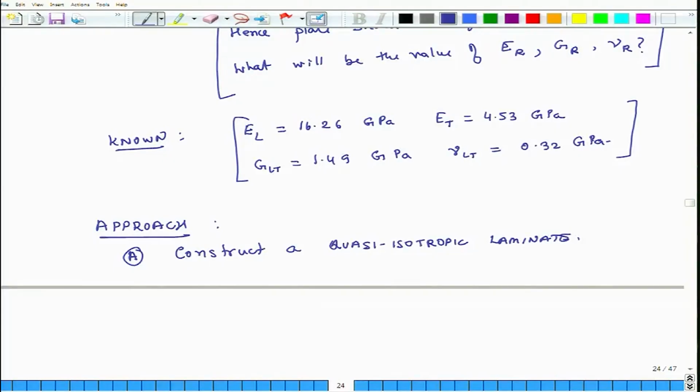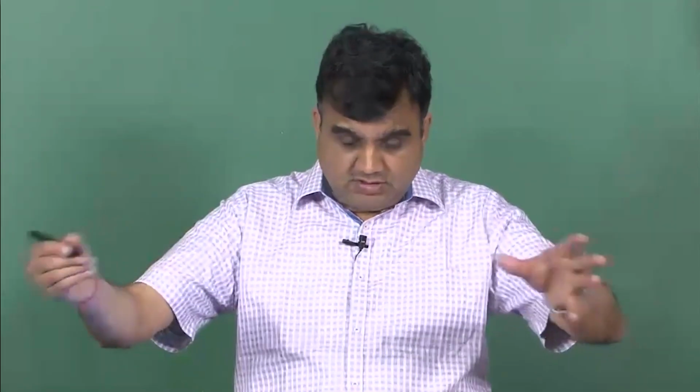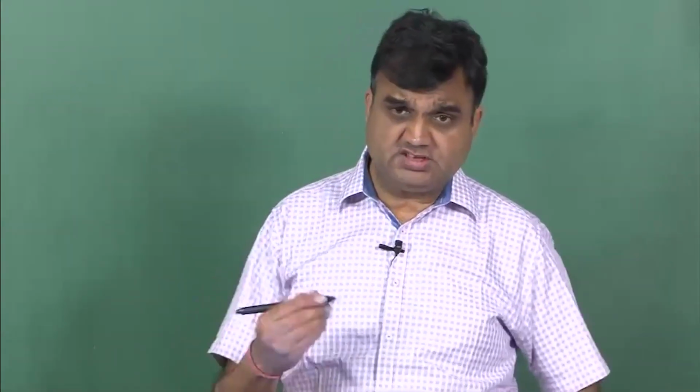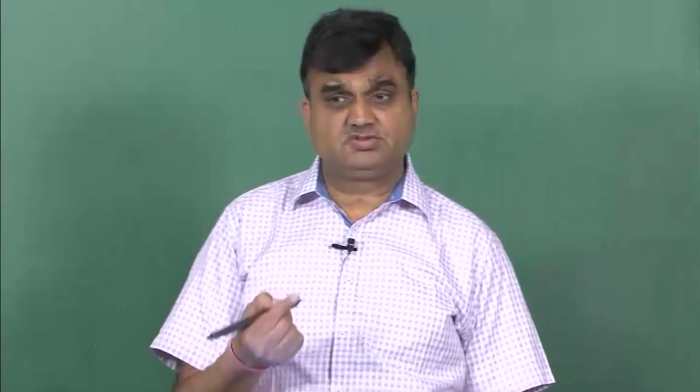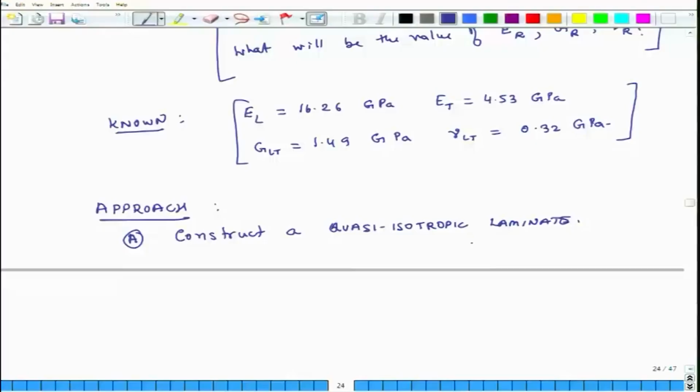We construct a quasi-isotropic laminate, and the more the number of layers we put in this quasi-isotropic laminate, the better it will be, because fibers will be spread more uniformly in all directions. But in today's class we will just use 3, because that requires less computation. So, we construct a quasi-isotropic laminate.